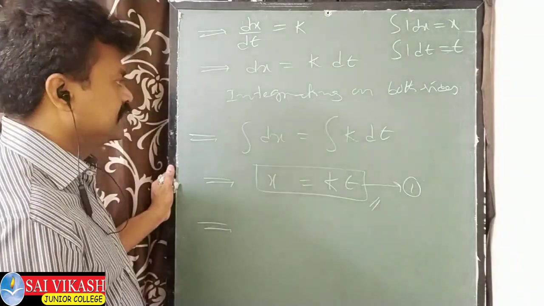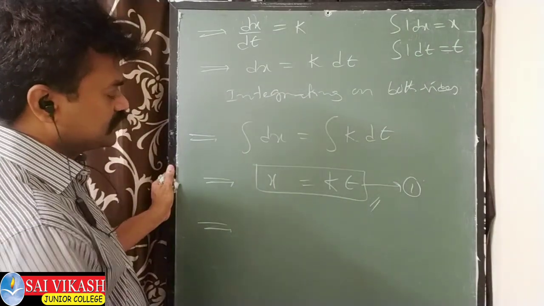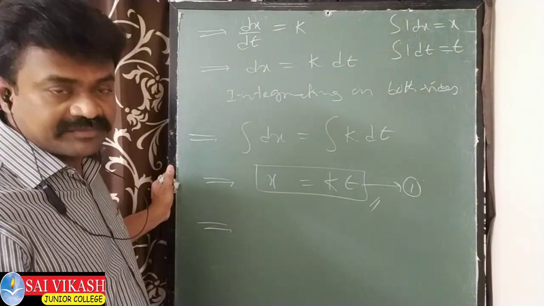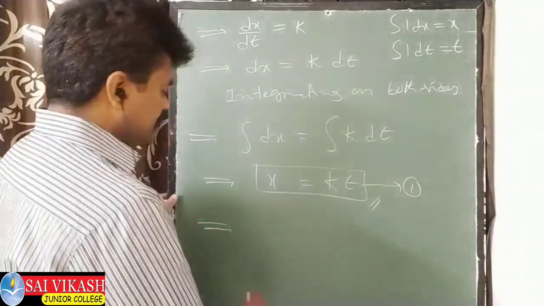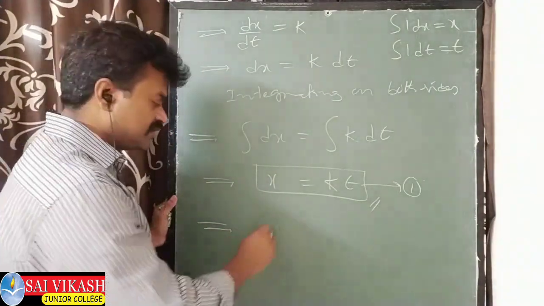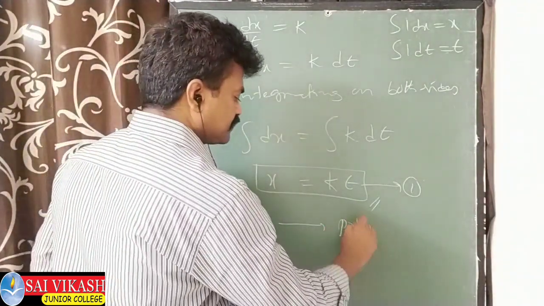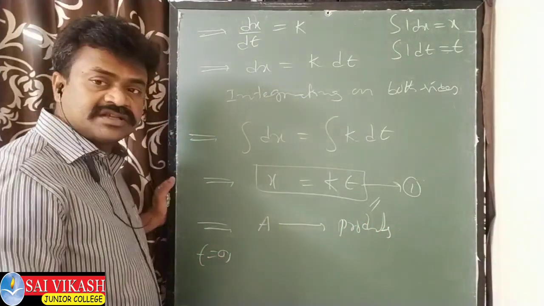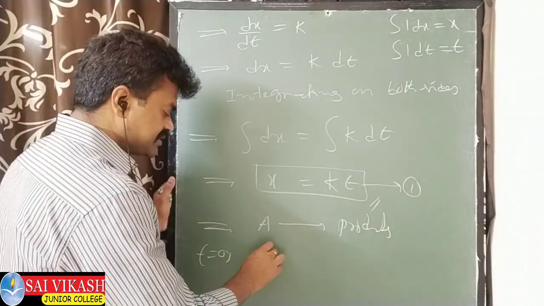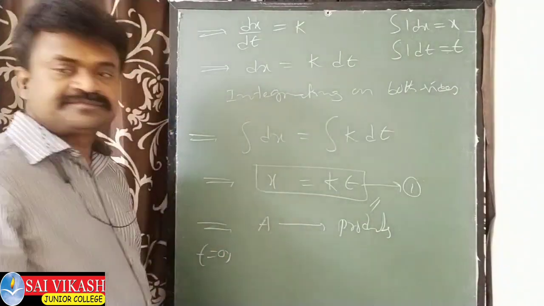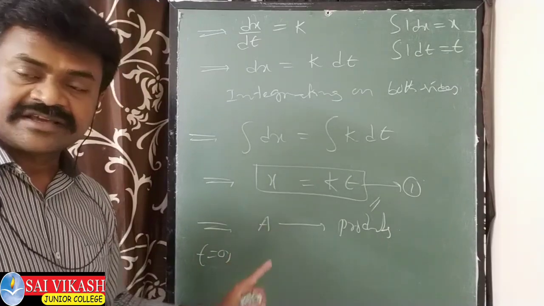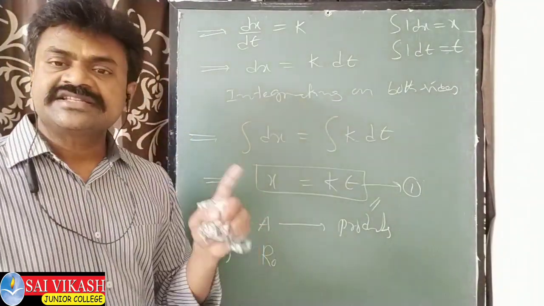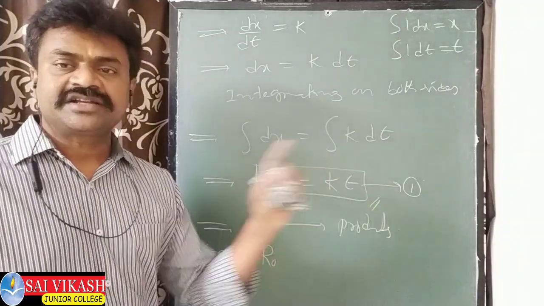To understand this, I will now show the different way. I already told you A gives products. At time 0, I have taken this as A, but they have taken R naught. Naught means initial reactant concentration.